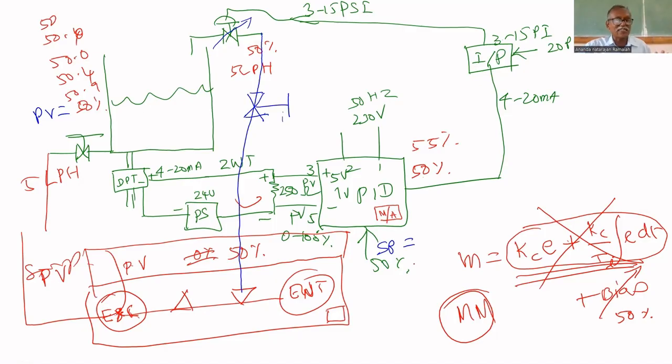Now you have to get the reaction curve. For that, once the process is settled at 50%, you change the controller output from 50 to 55%. Once you change it from 50 to 55, you start noting periodically, every 5 seconds. Every 5 seconds you note down the values.